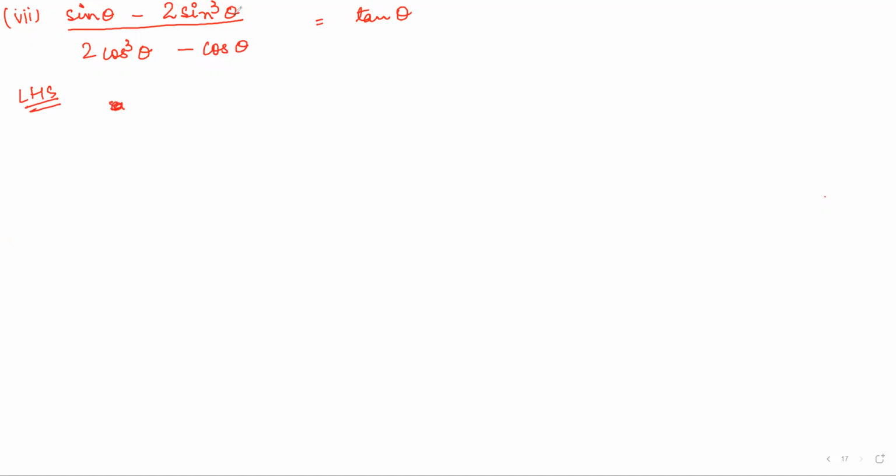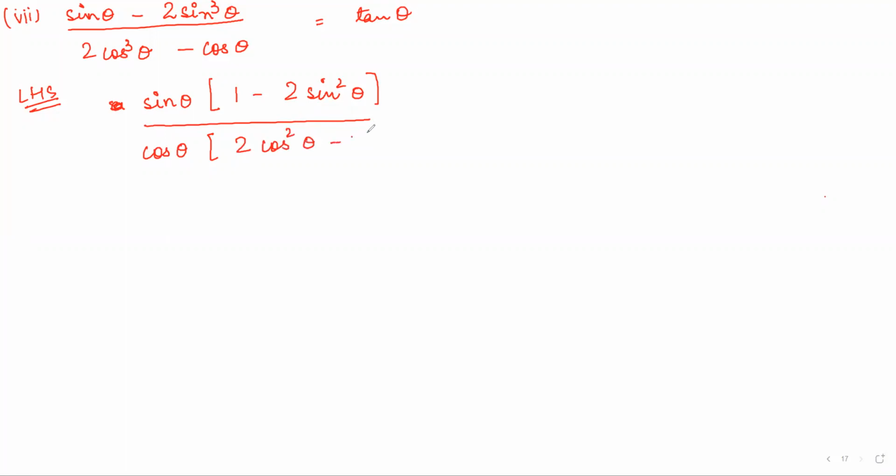I can see sine theta I can take common from the numerator, so I'm taking sine theta common. So I'm left with 1 minus 2 sine square theta, correct? And similarly, I can take cos theta common, so I'm left with 2 cos square theta minus 1.